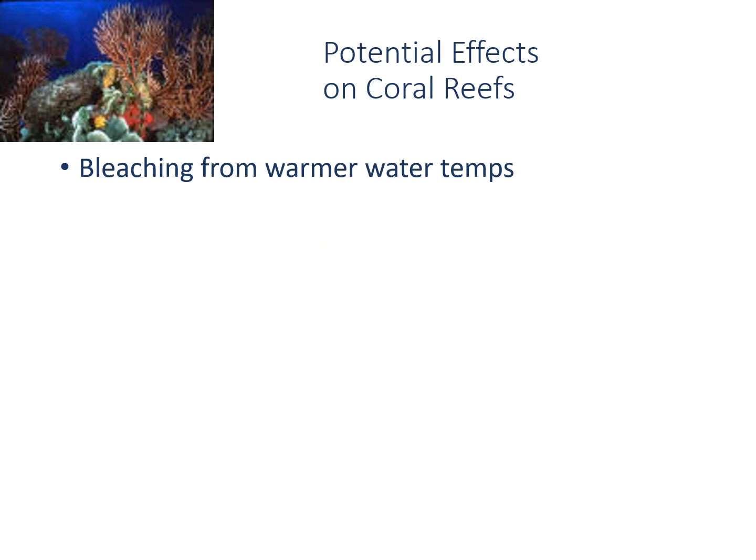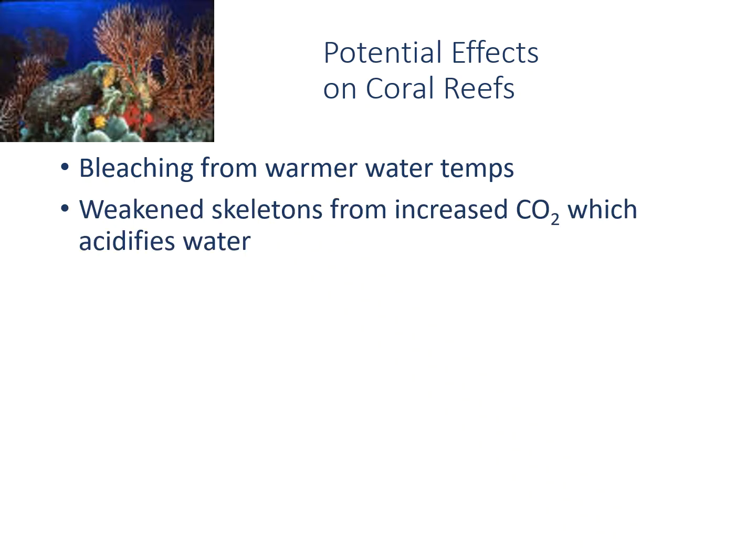If the temperature is warmer, they expel them. The coral looks white. It doesn't get enough nutrition because it's not photosynthesizing. There are also weakened skeletons from increased CO2, which acidifies the water and makes it harder for the coral polyps to build their skeletons.